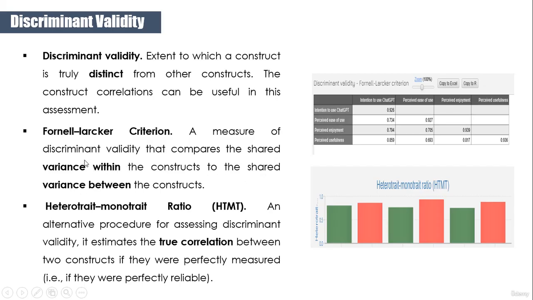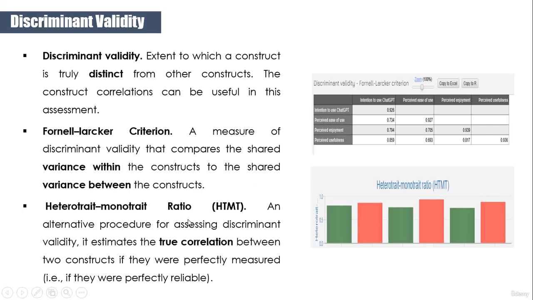It is normally said that the variance within the construct should be higher than the variance between the constructs. That means the variance within intention should be higher than between intention and perceived ease of use. At that time, we can say that intention is different from ease of use.